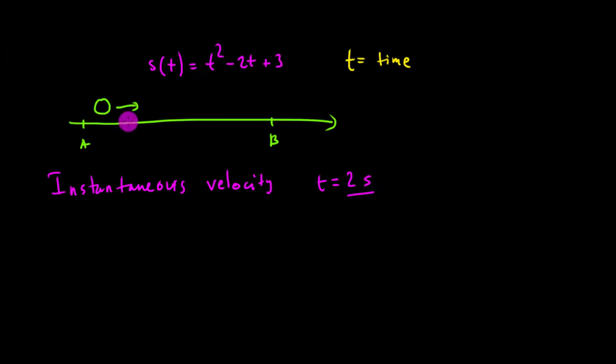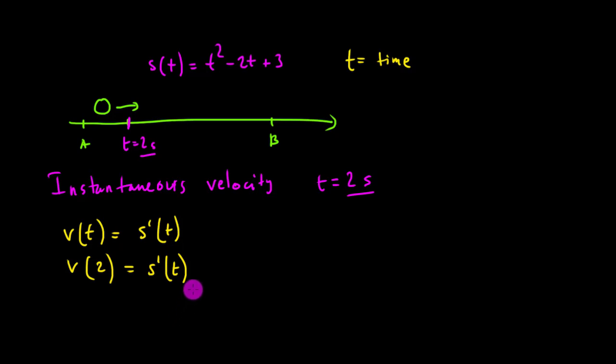What does it mean? We have to find the velocity of the object around here, where t is 2 seconds. As you remember, the instantaneous velocity is equal to the derivative of the distance.